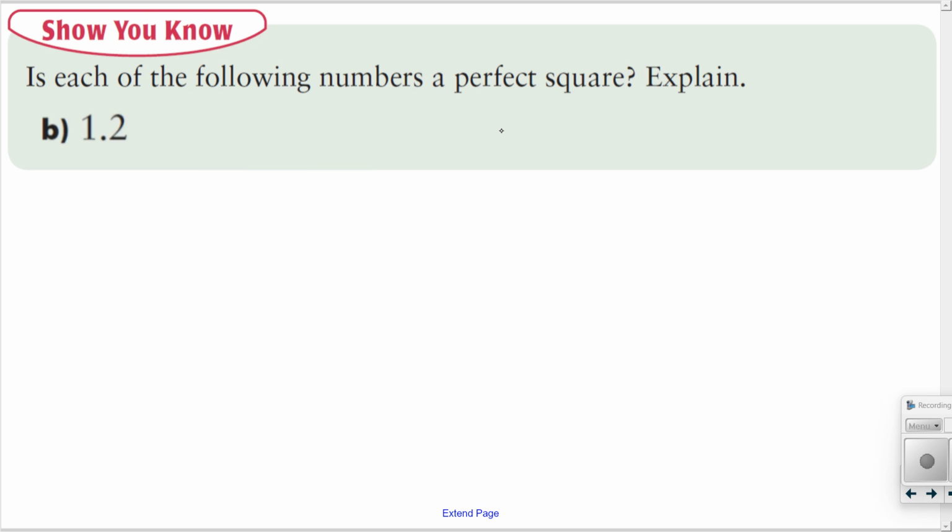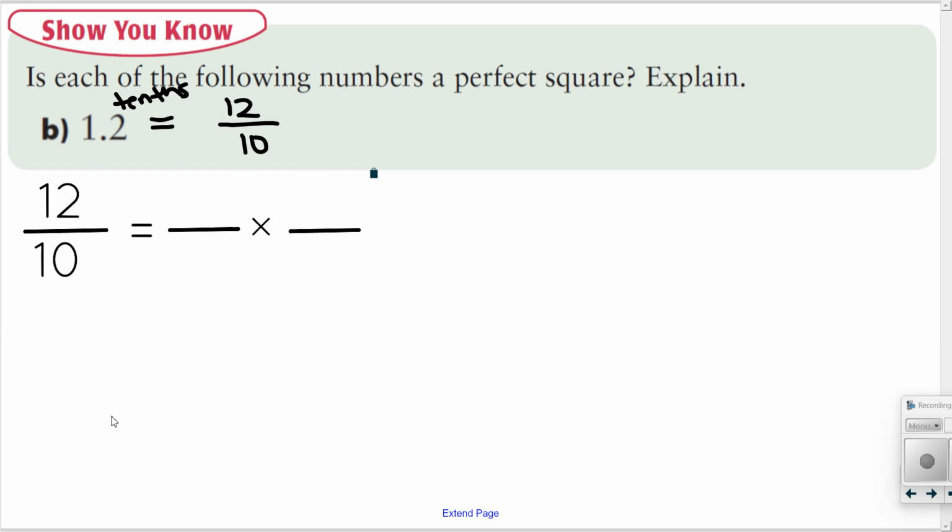For this one, 1.2. Again, ignore the decimal, and write that as 12 over 10, because one number after the decimal place has a place value of tenths. So 1.2 is the same as 12 tenths. In the numerator, 12, I could write that as 1 times 12, not identical, 2 times 6, not identical, or 3 times 4.